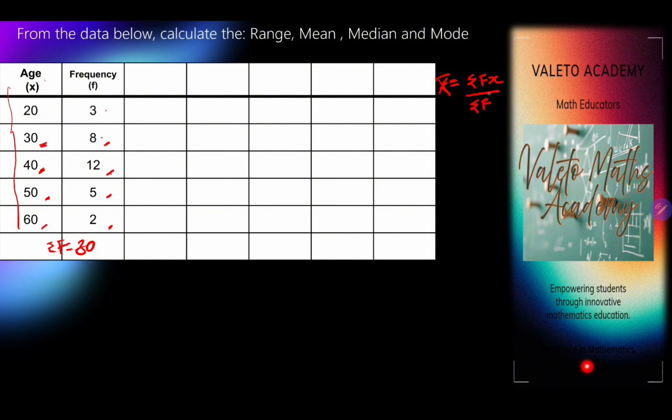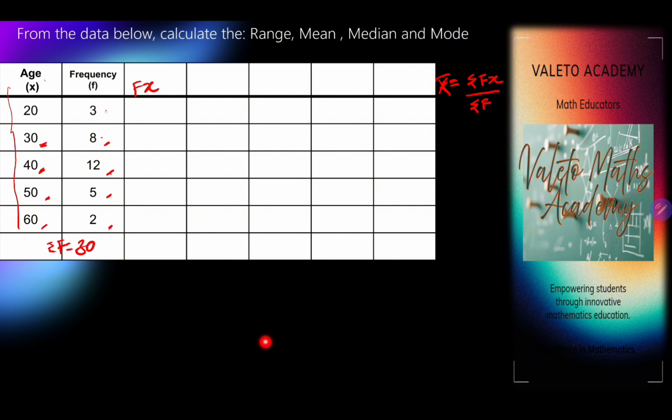Okay, so we have one part of the equation. Then to get the other part, we say f times x. This column is the frequency, and this column is the age. So we multiply both columns to get the value of fx.